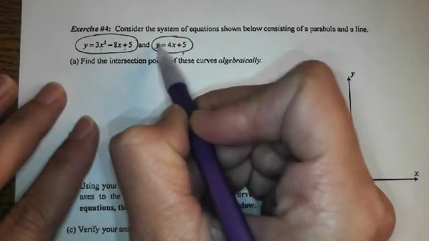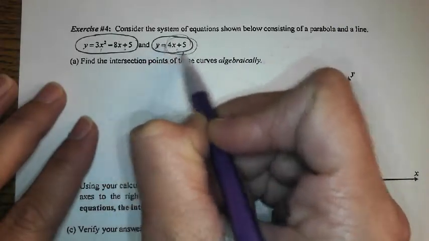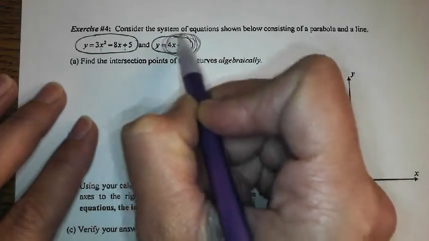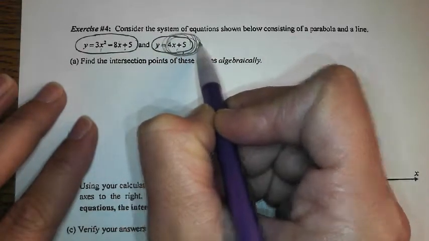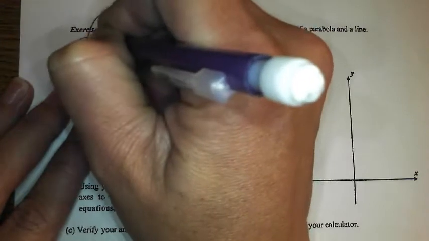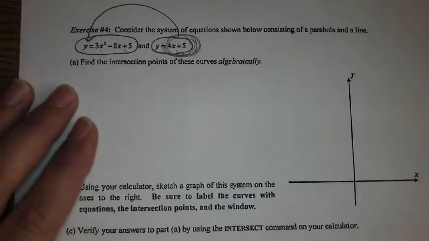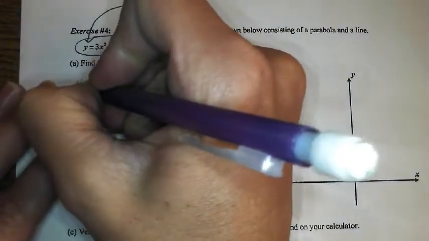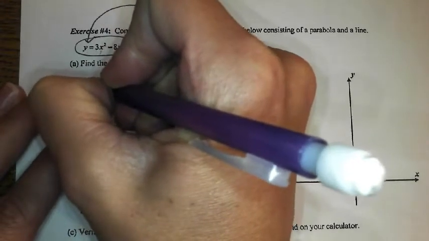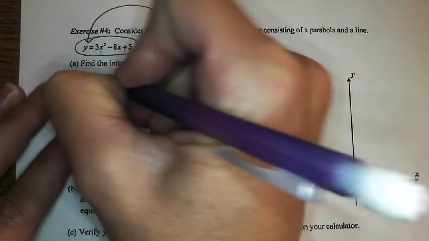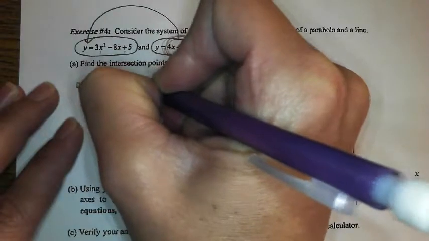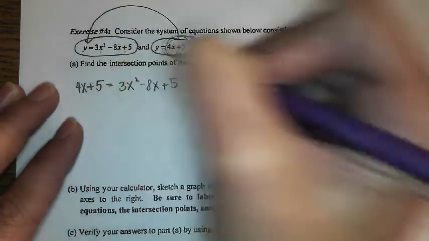So we'll use this. y equals 4x plus 5. Because y equals 4x plus 5, I can plug that in for the y in the other equation. So that will read, when I plug it in, 4x plus 5 equals 3x squared minus 8x plus 5.